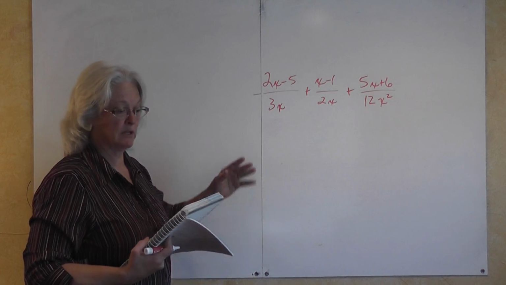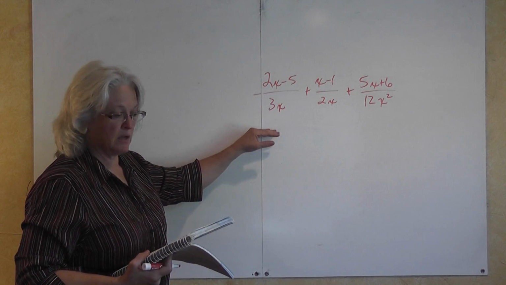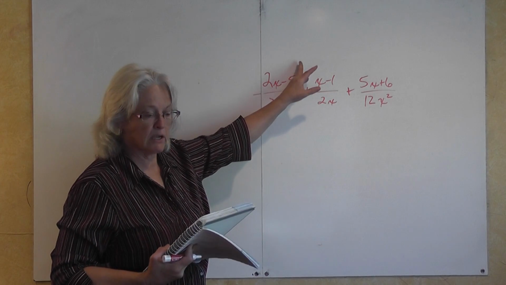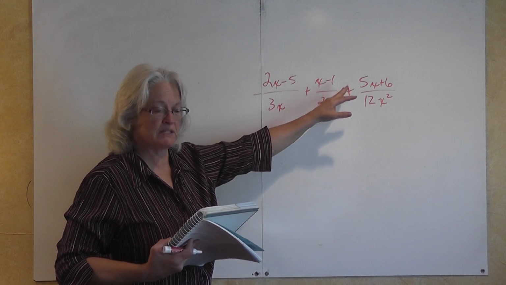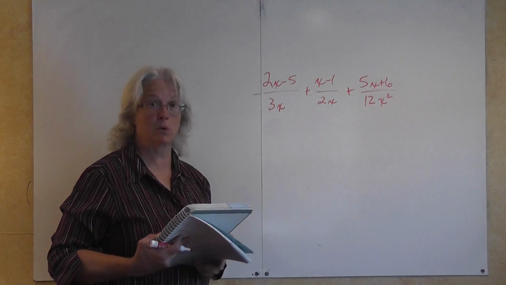Make sure we have the right thing. 2x minus 5, 3x. X minus 1, 2x. 5x plus 6, 12x squared.